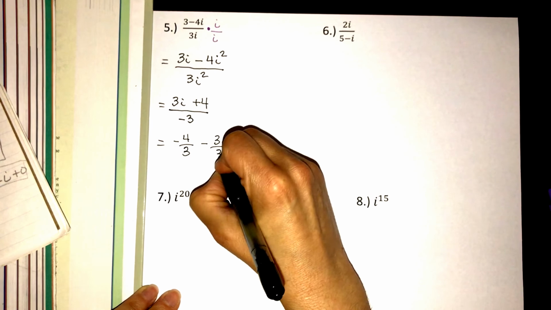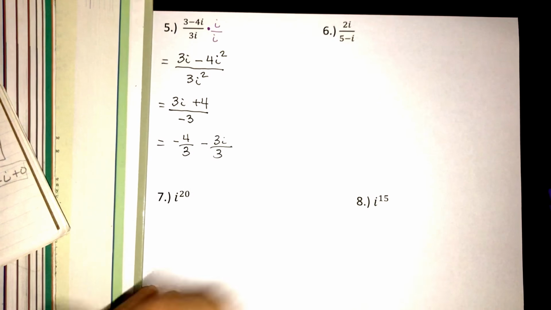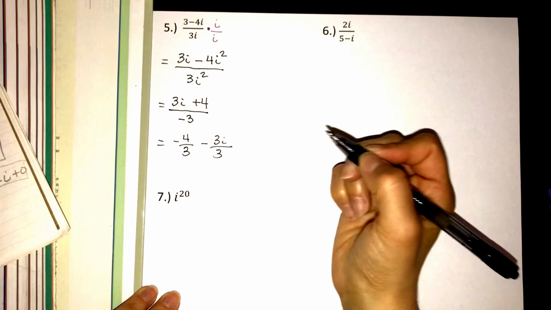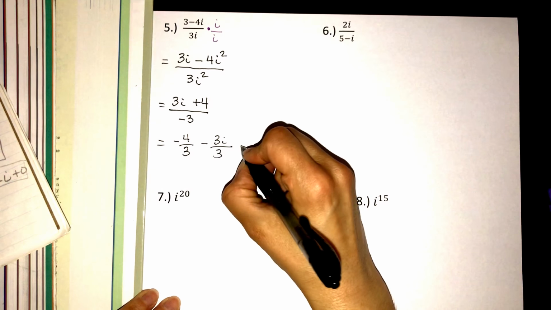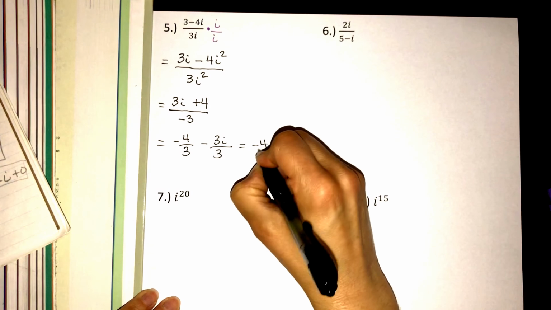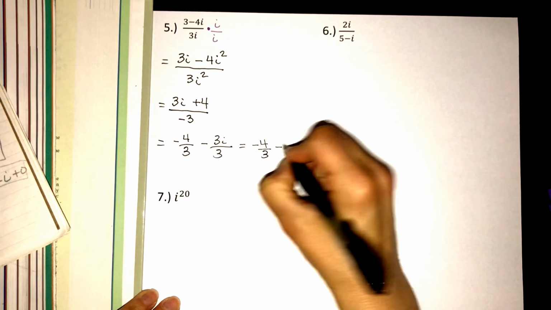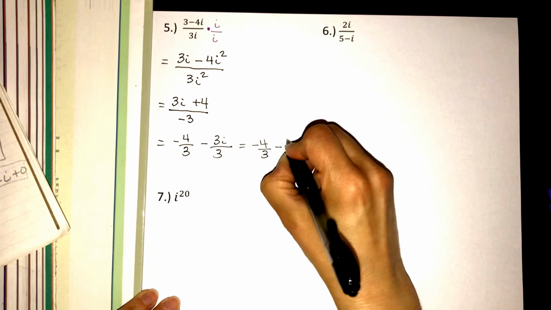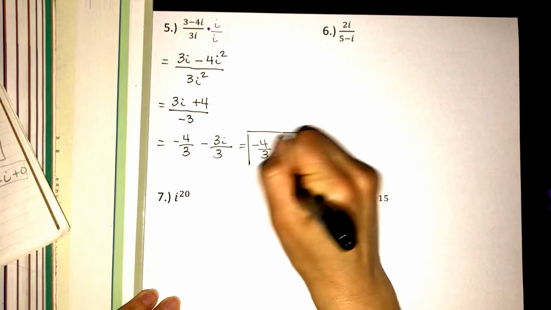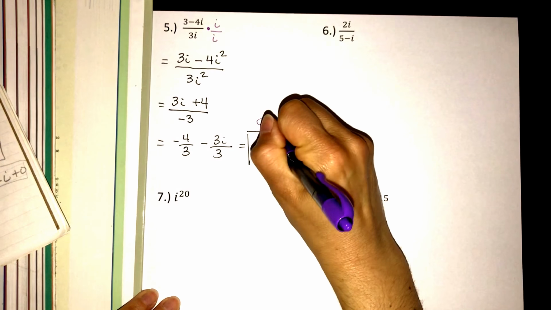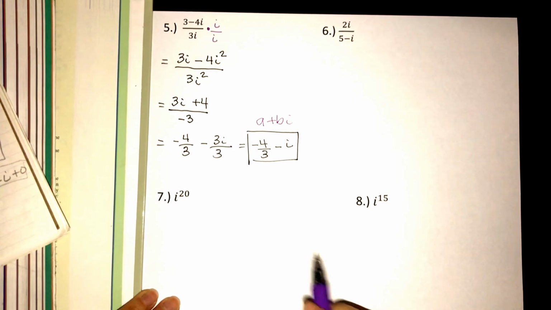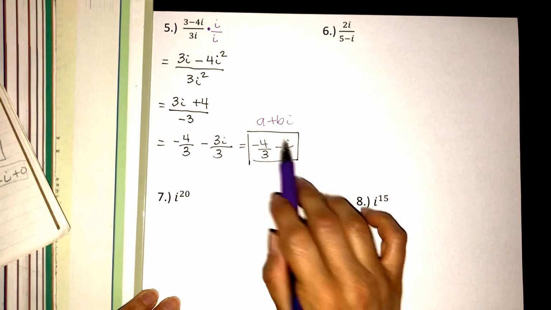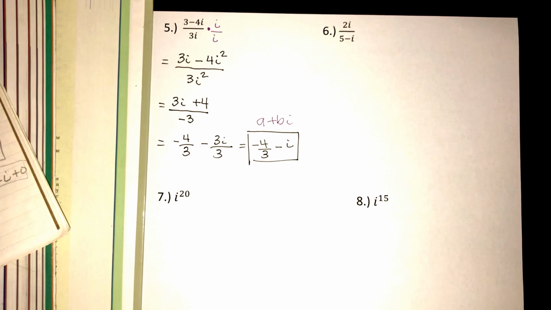Okay, I just moved the negative up to the top. And 3 over 3 is actually 1. So we could really just write negative 4/3 minus I. And this is in the form A plus BI. So A is negative 4/3, B is negative 1.